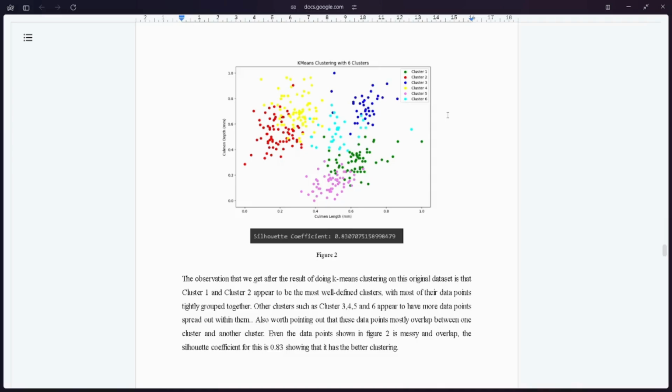And even though the clusters are so messy, the Silhouette coefficient that we got is 0.83, which is quite high for the messy clustering that we have here.